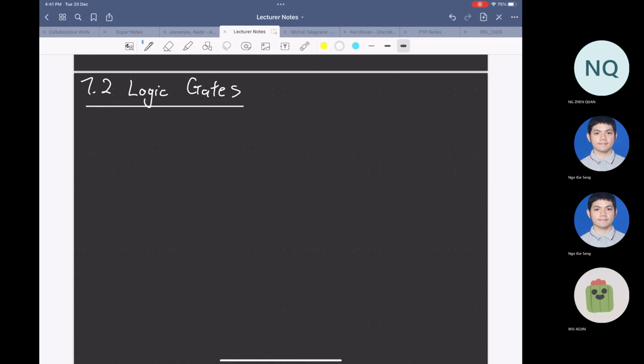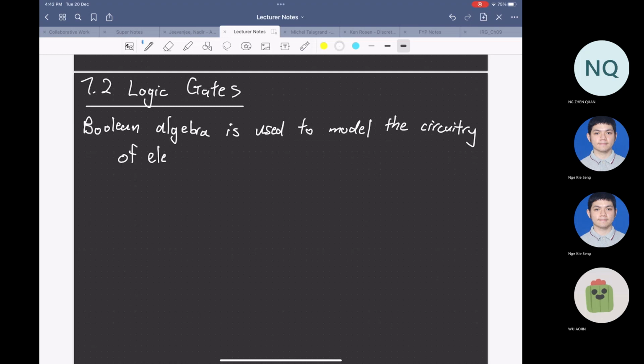Just to remind you again, Boolean algebra is used to model the circuitry of electronic devices, where the basic elements are called gates.